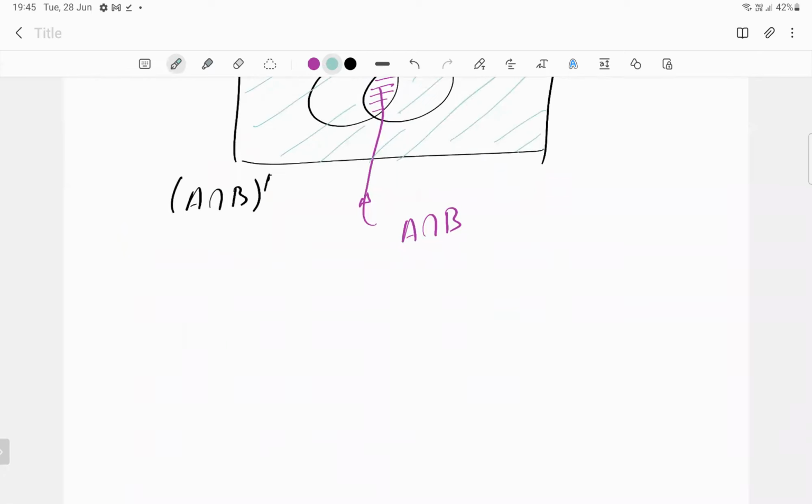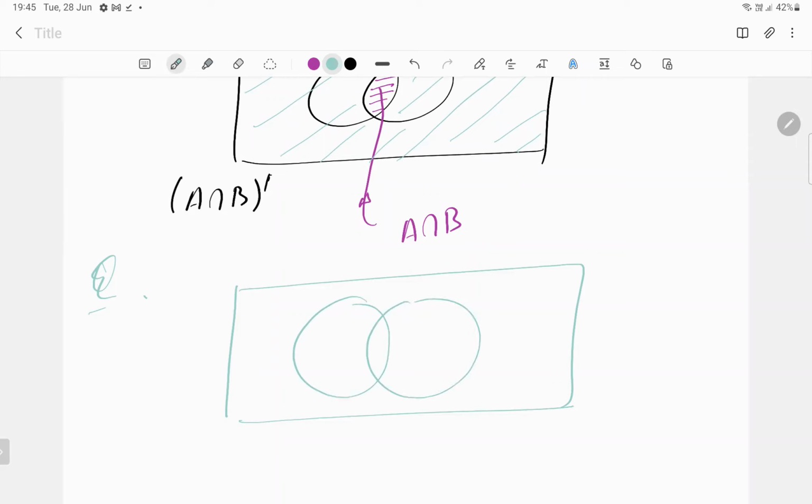Before that, we shall see some more examples of sets. Can you tell me what this is? I'll draw. This is a universal set, right? So far, so good. A, B. Now, how will you write this shaded portion?